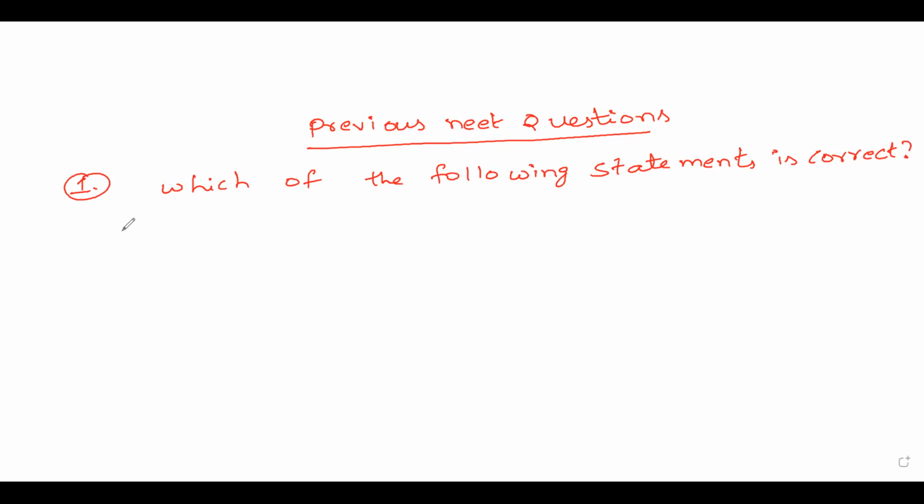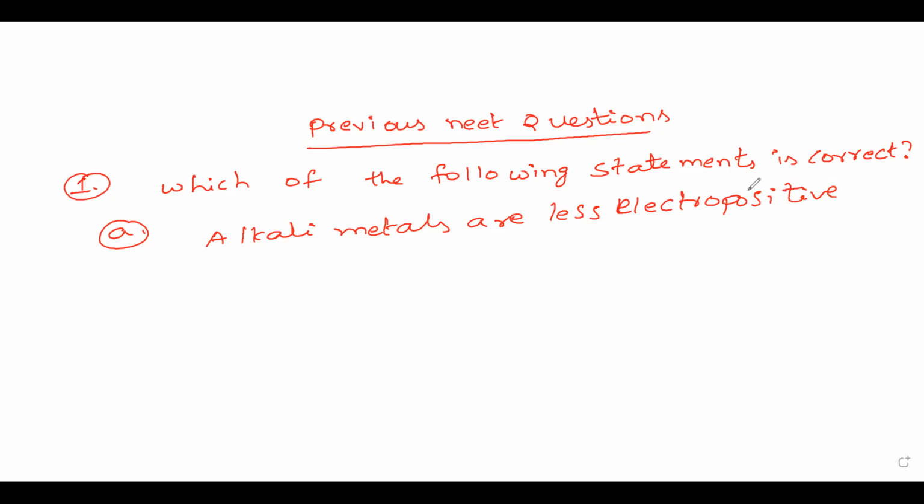Option A, alkali metals are less electropositive than alkaline earth metals.